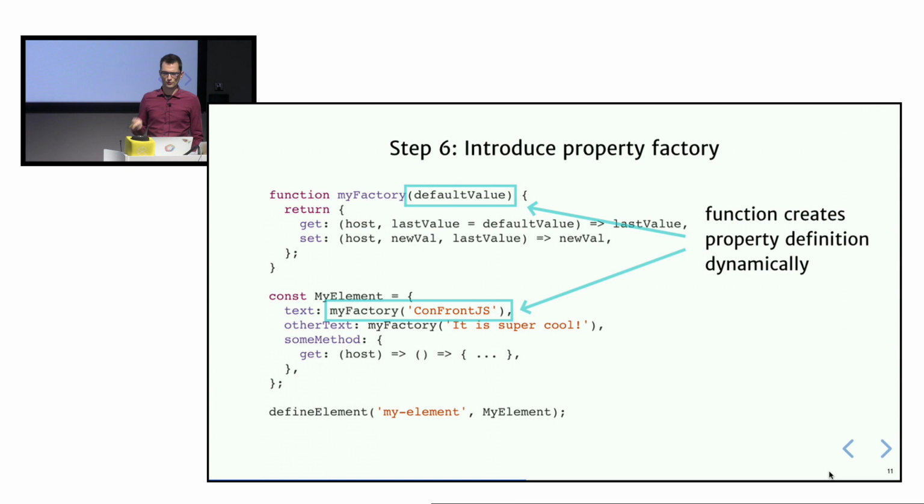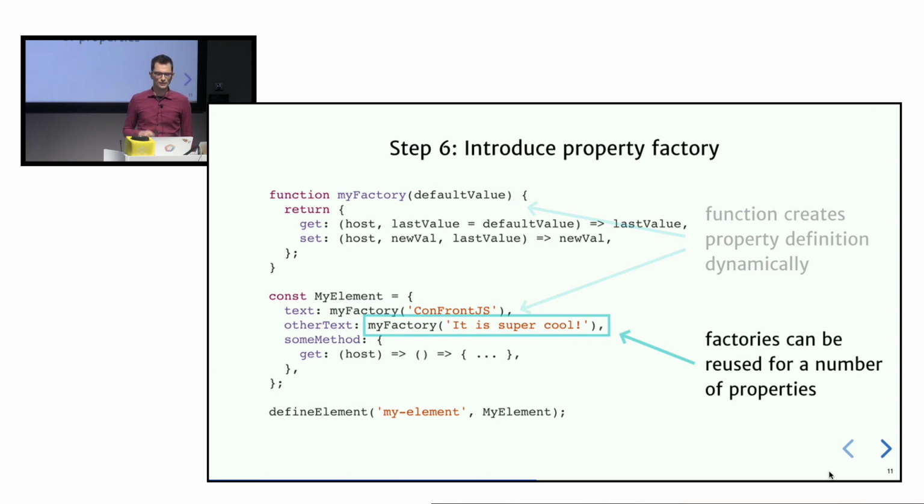So instead of creating the descriptor object each time, we can create a function which will create this descriptor for us. In this slide, you can see that we can use this factory again for another property. So for now, we can create another text, whose default value will be different, it's super cool, but it works the same as the text property.